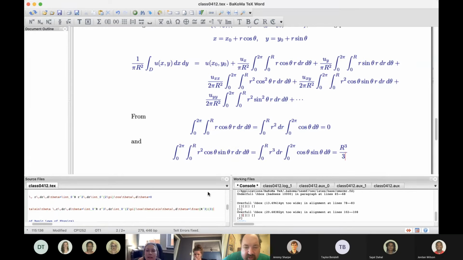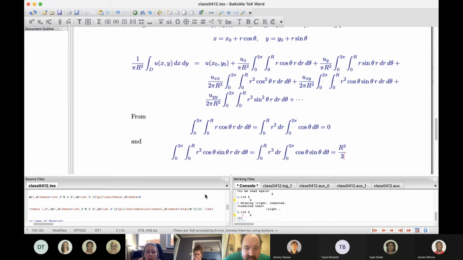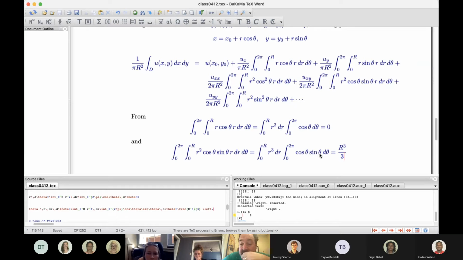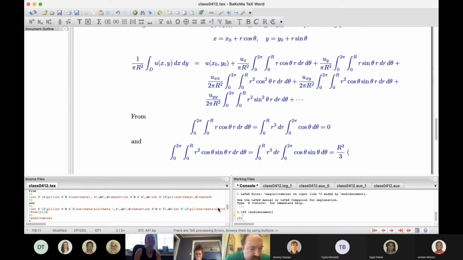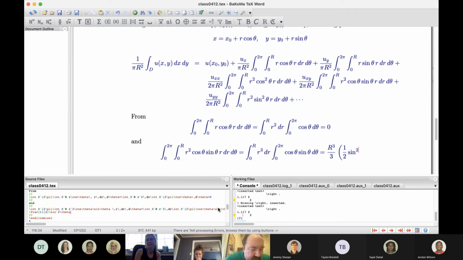But for this other one, this is a derivative of sine squared theta. Because if you take a derivative of sine squared theta, you get 2 sine theta cosine theta, so with a factor of 1/2, this is the exact derivative of one half sine squared theta.